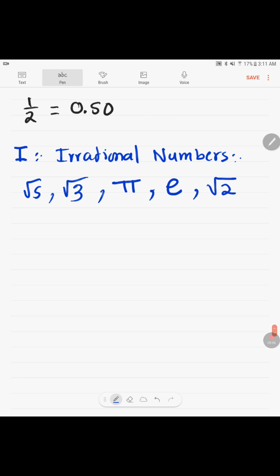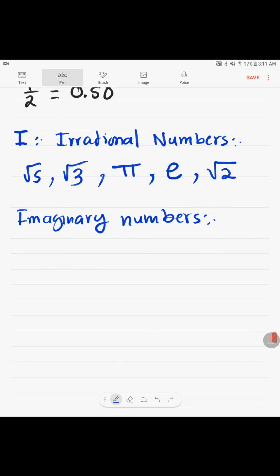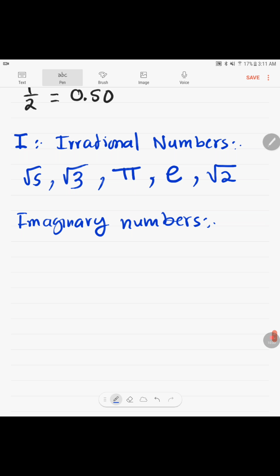The next set of numbers is called imaginary numbers. They don't have a letter to represent them because the letter I is for irrational. So I'll just write them as imaginary numbers. Imaginary numbers are numbers that are a real number multiplied by the square root of -1.